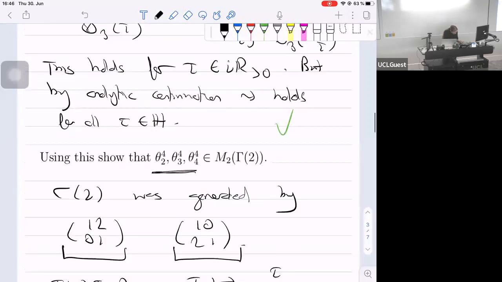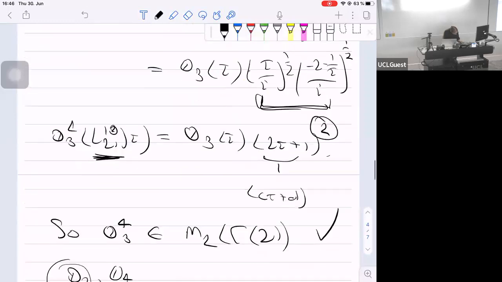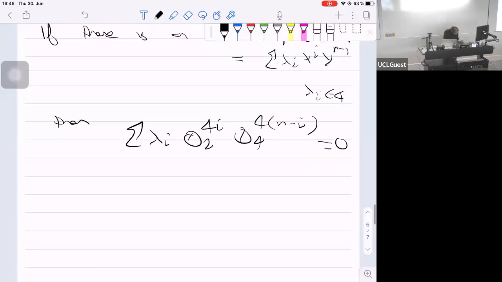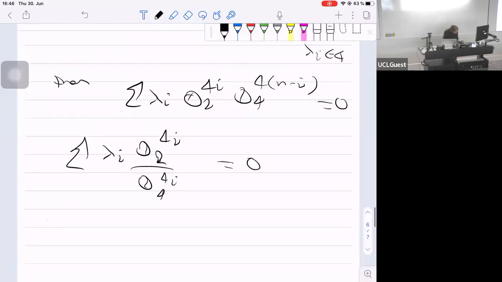We can divide through by theta 4 to the 4n to get a relation of the form sum of c_i times theta 2 over theta 4 to the 4i equals 0, which tells us that theta 2 over theta 4 to the 4 is the root of some complex polynomial.